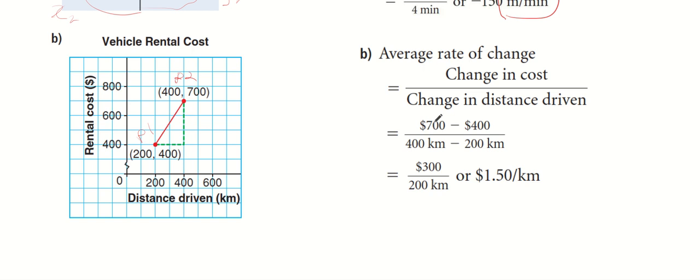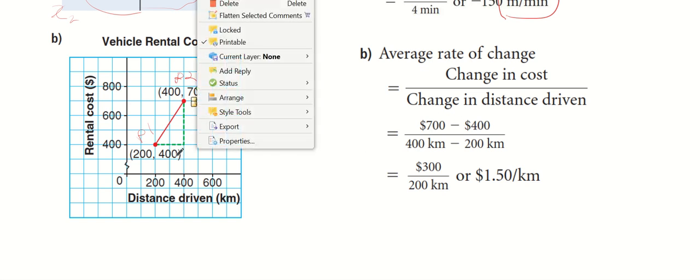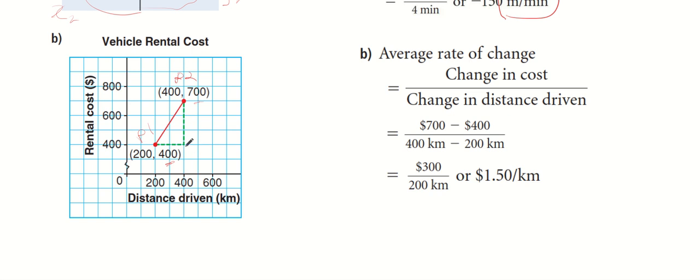And again, we have point 2, the y, which is here, 700. 700 minus 400, so 700 here minus 400 here. And then essentially 400 minus 200, because this is the second point and the first point. So you have it here, and then eventually get $1.50.